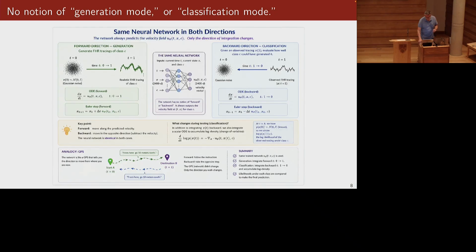And I have here a nice analogy with GPS. So if you want to go from A to B, you ask GPS which way to go, and it tells you how to go from A to B. But if you're in B, you ask again, how do I go from B to A? And it uses the same algorithm. Nothing is really changed.